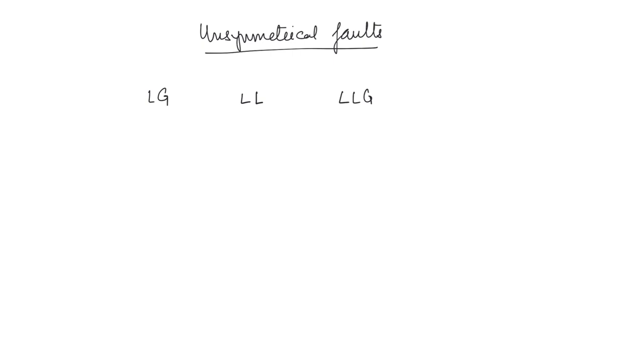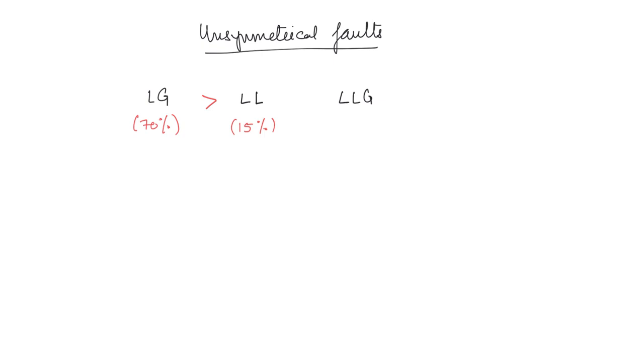Now as I said before, unsymmetrical faults are going to be more commonly occurring as compared to the three-phase faults. So LG faults will be the most common faults. About 70% of the time the fault is the single line to ground fault. And next highest occurrence is the line to line fault, 15% of times.